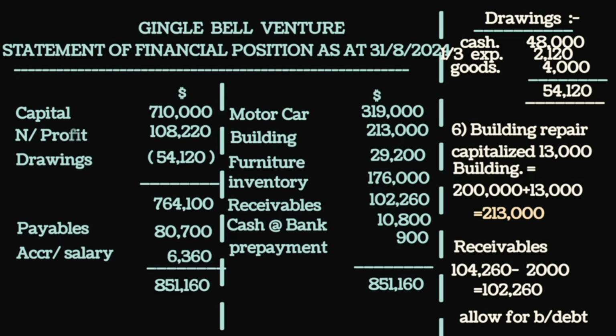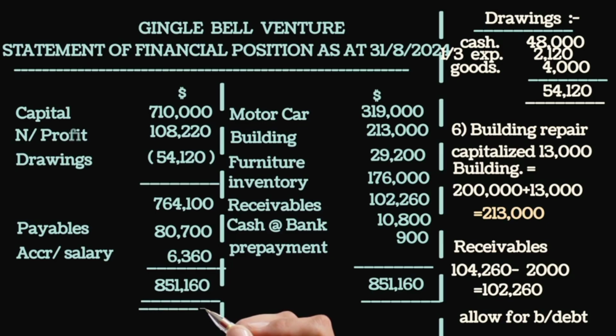And so by the time we cast the calculator, we still have the same balance, 851,160 at the credit side and 851,160 at the debit side. That is to conform with the accounting equation.